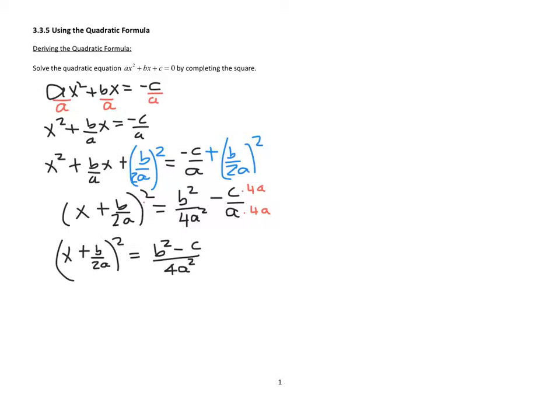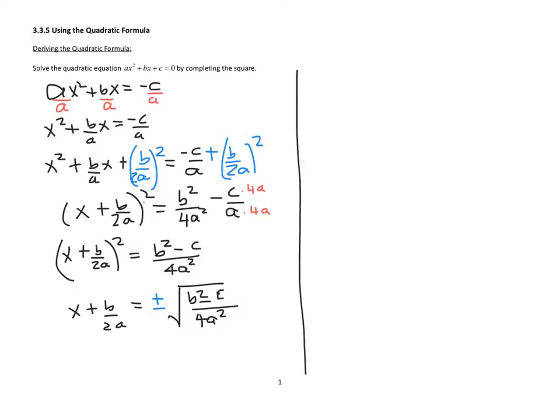So when I do that, this is going to be x plus b over 2a is equal to plus or minus the square root of b squared over 4a squared.